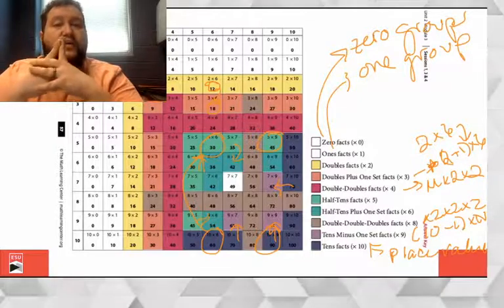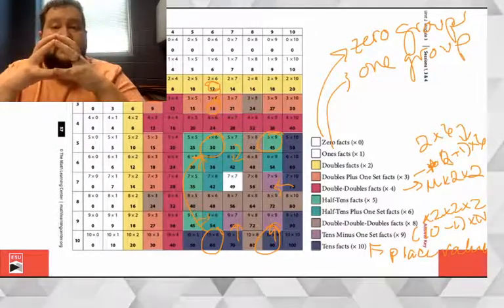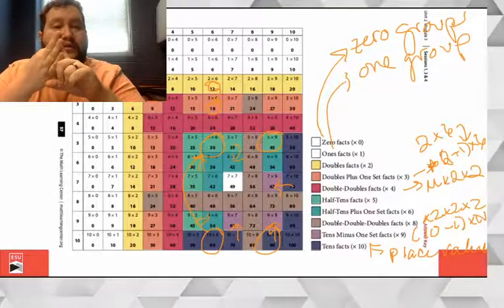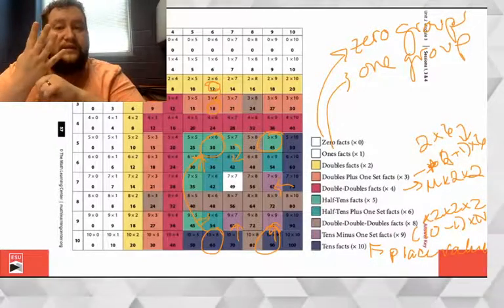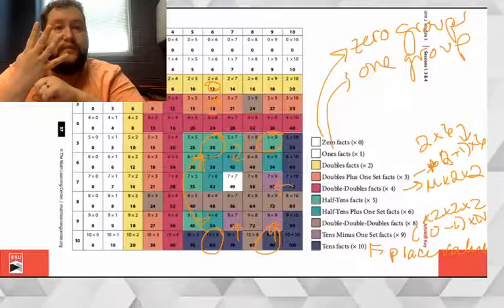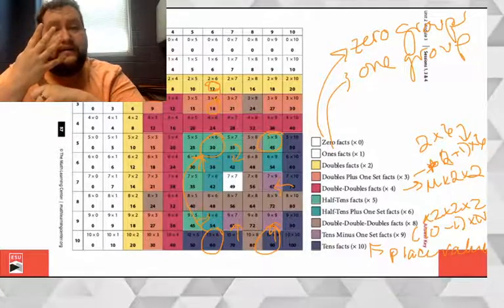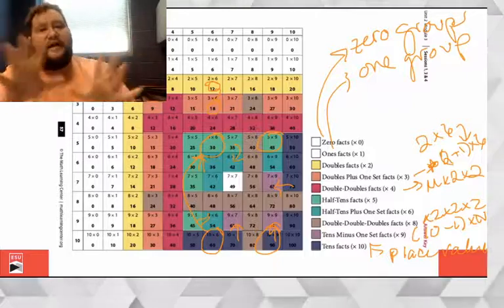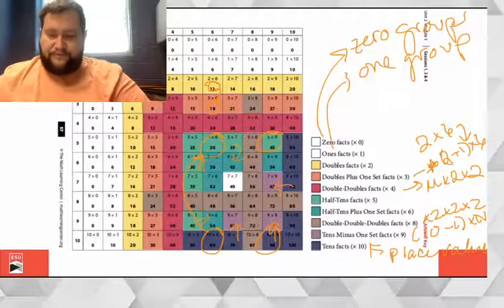So now it really boils down to 0, 1s, doubles, and tens. That's 4 basic ideas, with some nuance and addition, that give us the entire multiplication table.